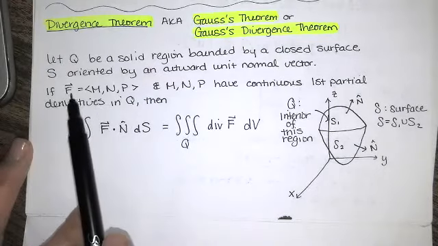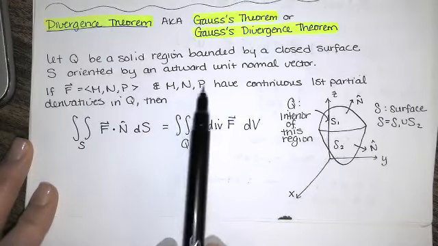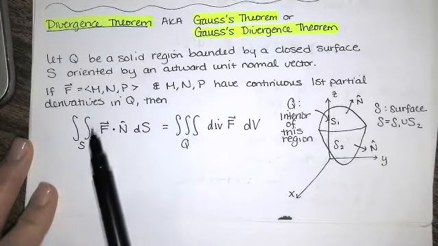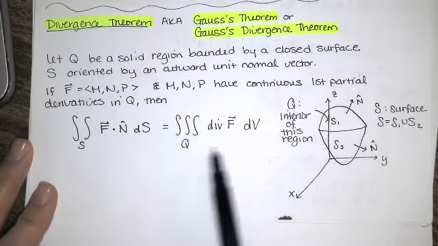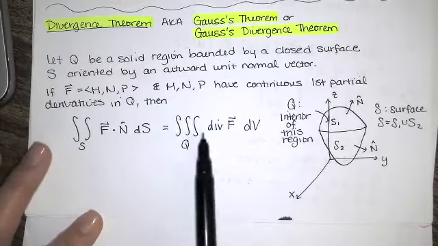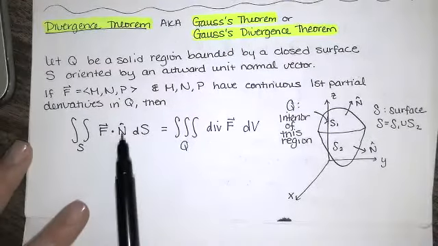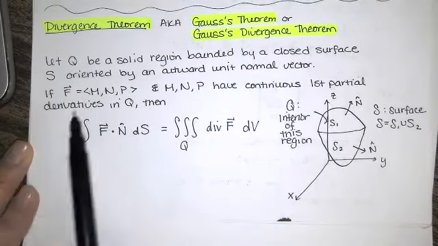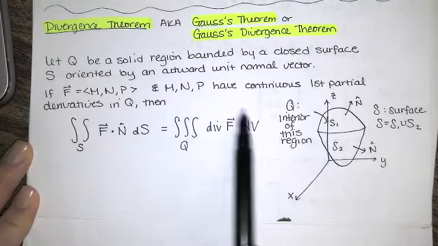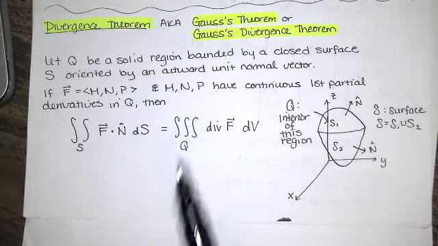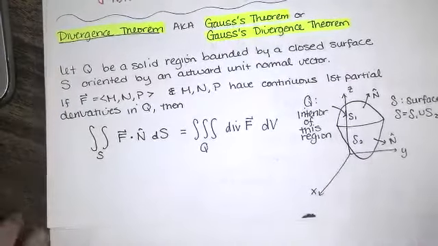Then if F is a field with components m, n, and p, and m, n, and p have continuous first partial derivatives in Q, then this surface integral is equal to the double integral of the divergence of F. Or I think I said that wrong. This surface integral is equal to the triple integral of the divergence of F. And let's think about what this represents.